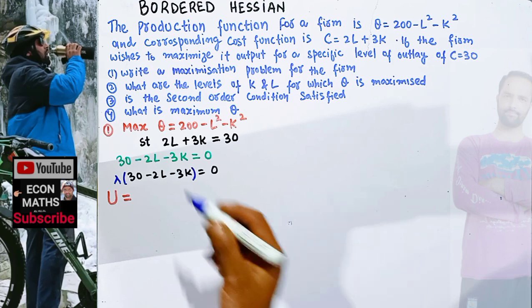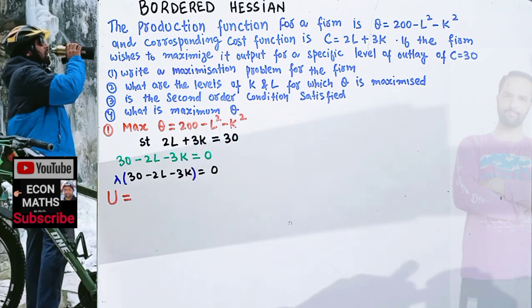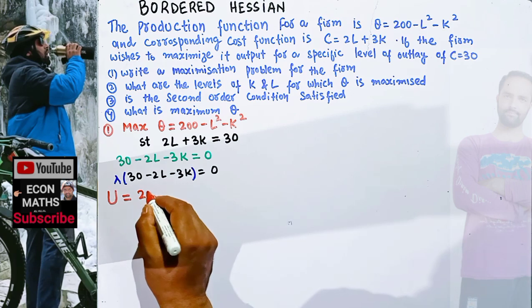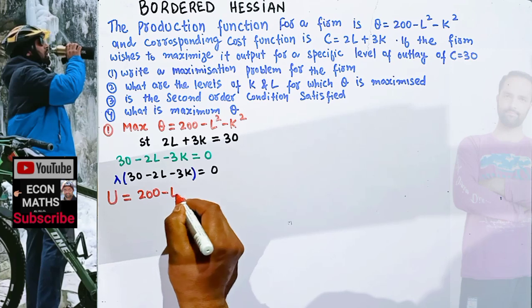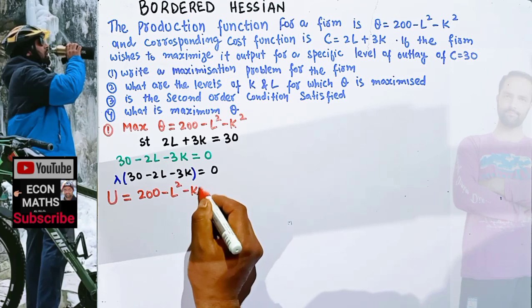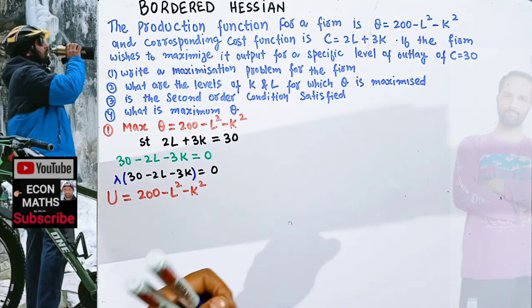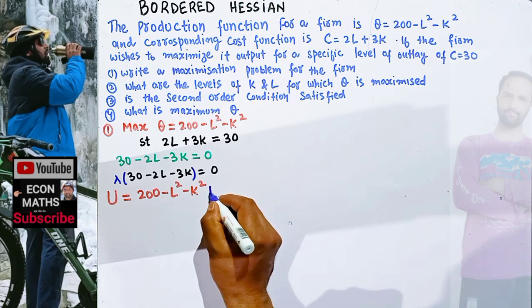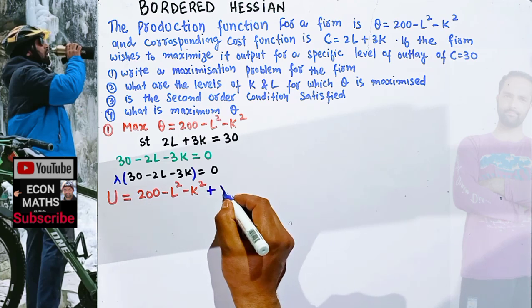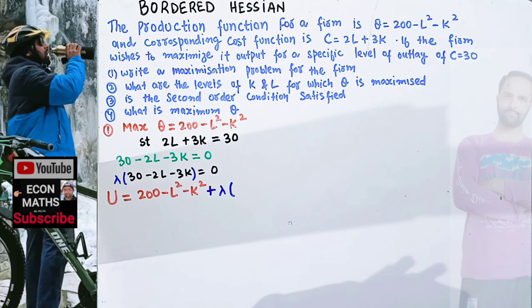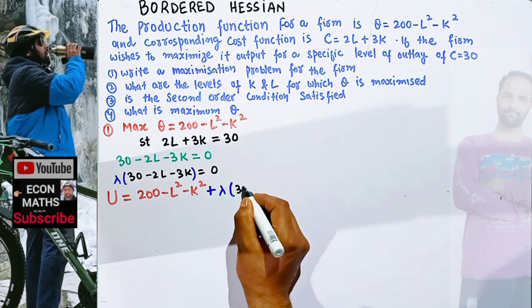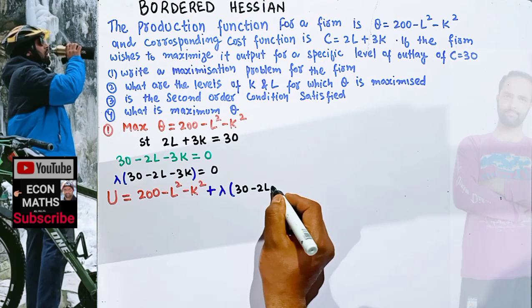Let me write it here. So our objective function is 200 minus L square minus K square. Given this objective function, we add this resulting constraint, that is, lambda times 30 minus 2L minus 3K.